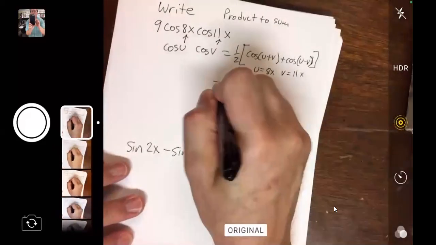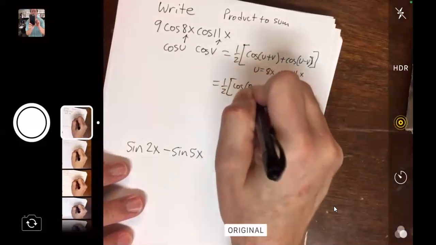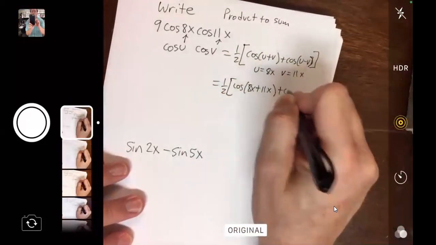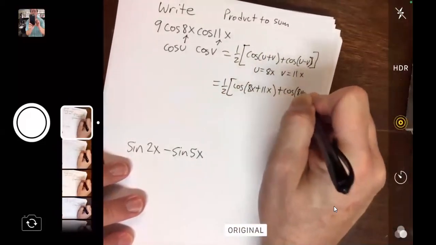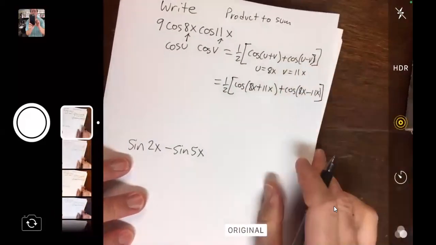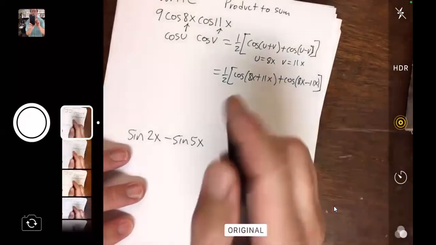It's really just plug and chug: a half cosine of 8x plus 11x, plus cosine of 8x minus 11x. Don't forget the 9.